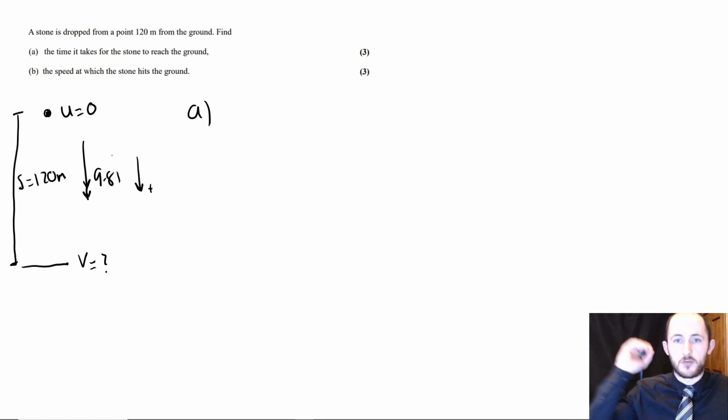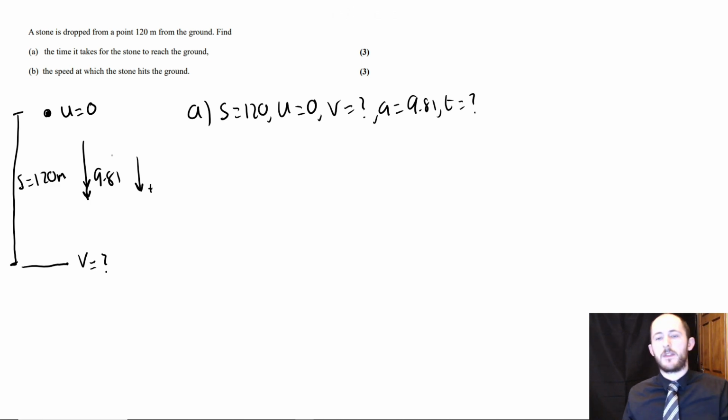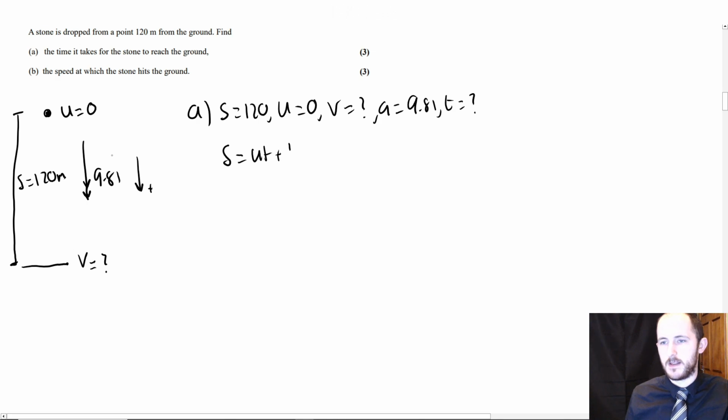Again, if you're dropping something, the only thing you need to know is the height or the distance that you're dropping it from. So we have s is 120. We have u, which is most certainly 0. v, which is don't know, don't care. a, which is 9.81. t, which is, again, don't know, don't care. Now, the equation that you always want to use when you're dropping something is s equals ut plus half at squared. The reason for this is u is 0, so we actually get rid of that instantly.